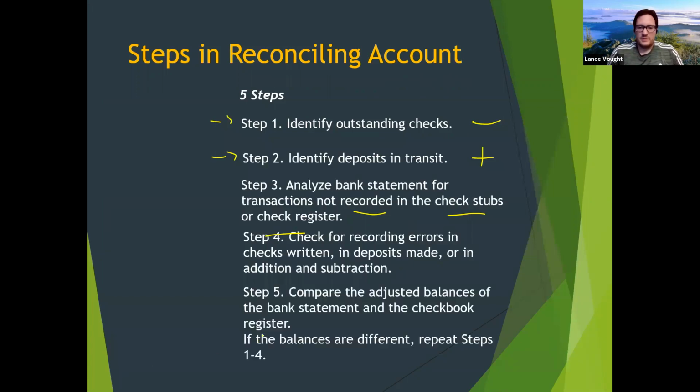And then the last step is to compare basically what's in your checkbook register, if you had one, with your bank statement after you've done all these steps. So take your bank statement value.